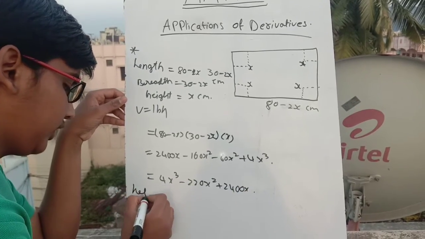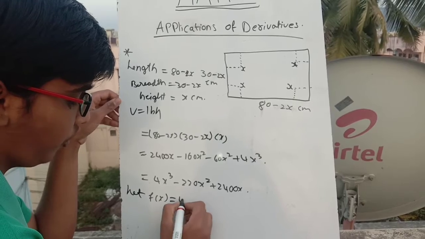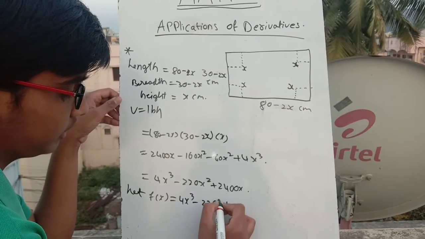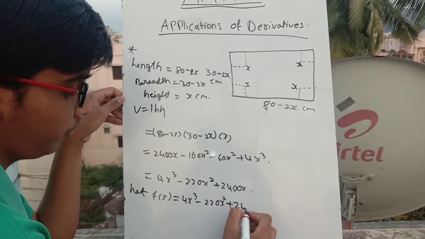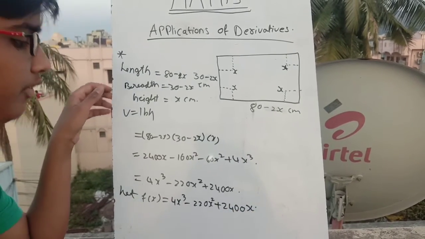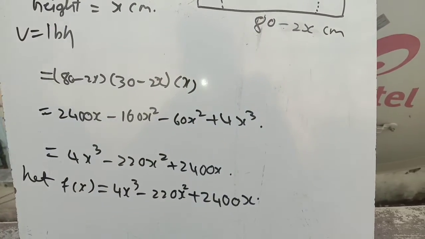So let's take this as f of x. So let f of x is equal to 4x cube minus 220x square plus 2400x. So friends, first we have got a function. Now we have to differentiate it with respect to x.